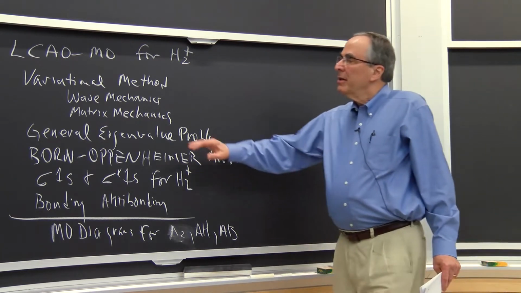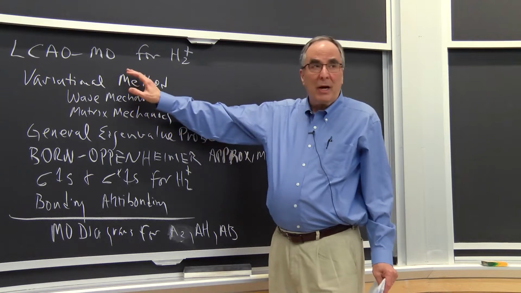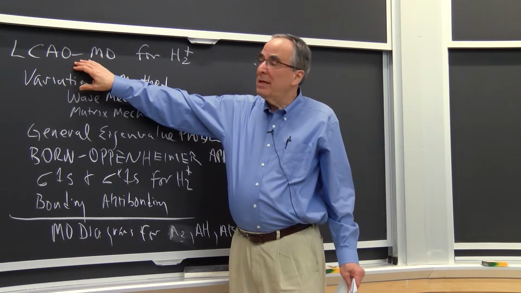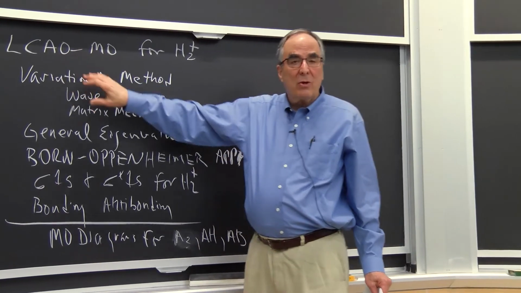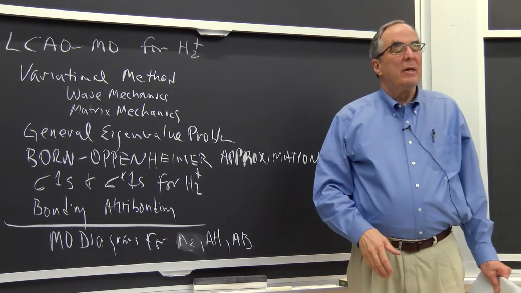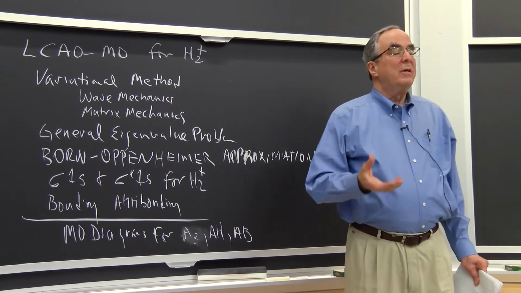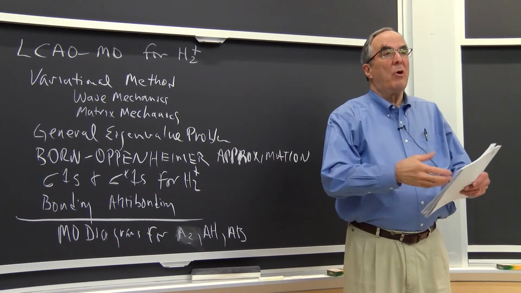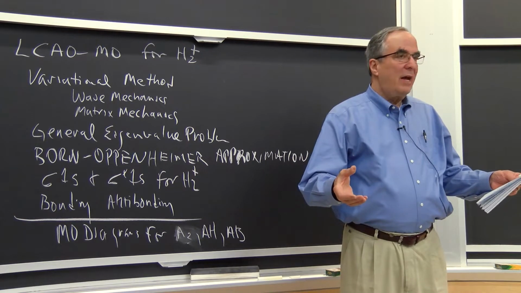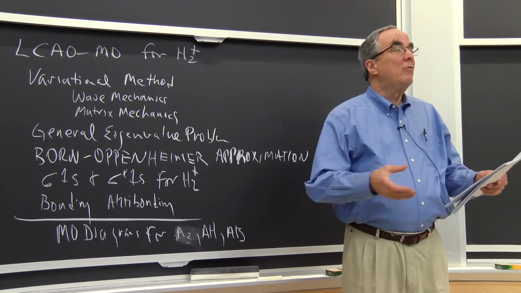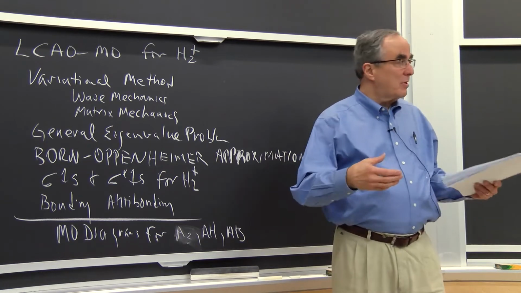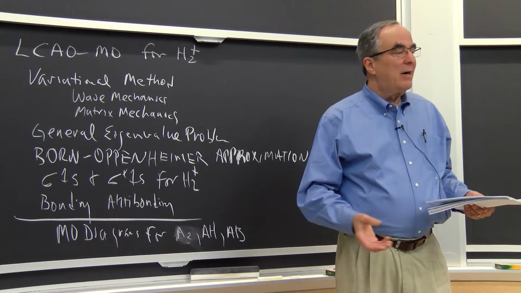So the key to being able to describe small molecules using this LCAO, linear combination of atomic orbitals method, is the variational method. And this variational method says we're going to throw a whole bunch of basis functions at the problem, a whole bunch of orbitals, which we choose because we like them or because the computer likes them.